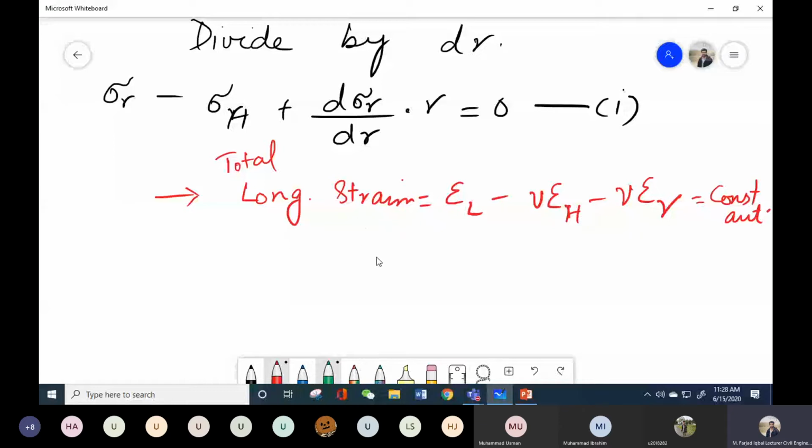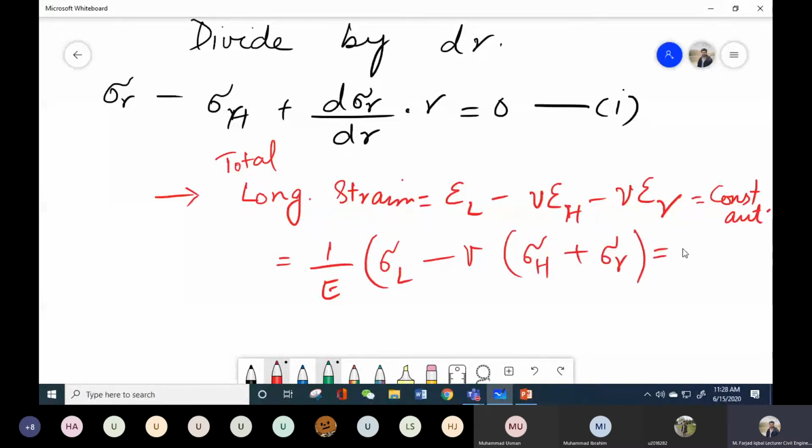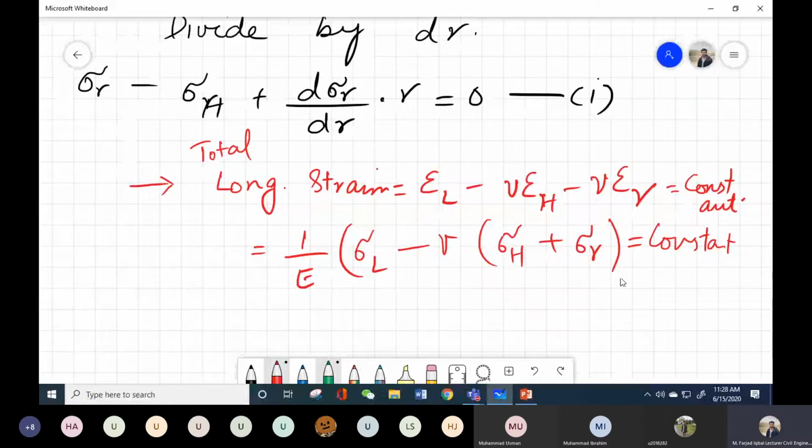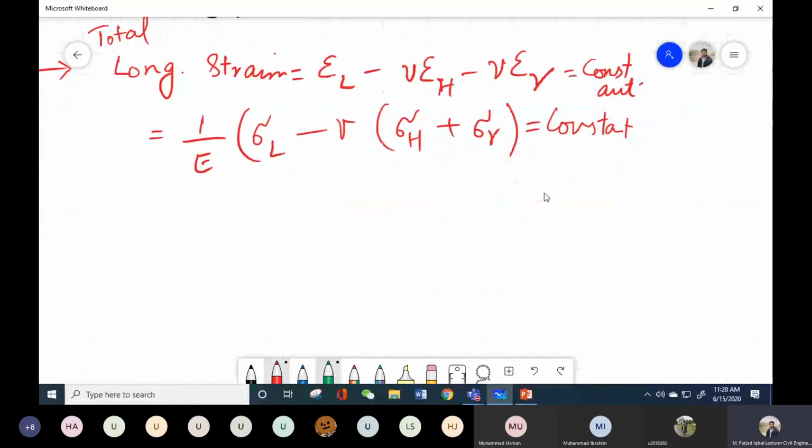So if I simplify this relationship, I will get 1 over E epsilon L. For epsilon L, we will have sigma L minus nu into sigma H plus sigma R, that is equal to constant. Now this factor is constant, and if I take this E on the other side, I will have sigma L minus nu into sigma H plus sigma R is equal to E into constant.